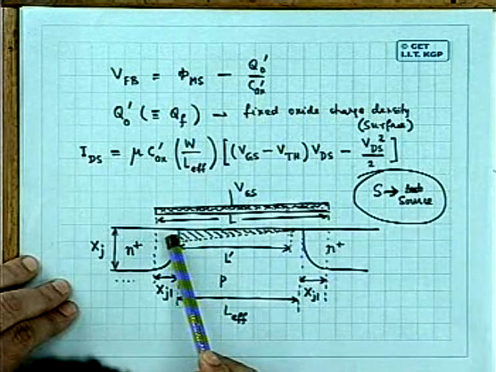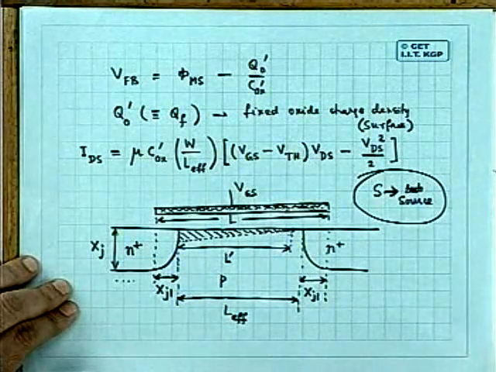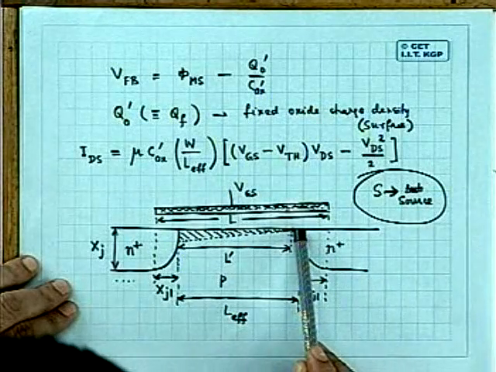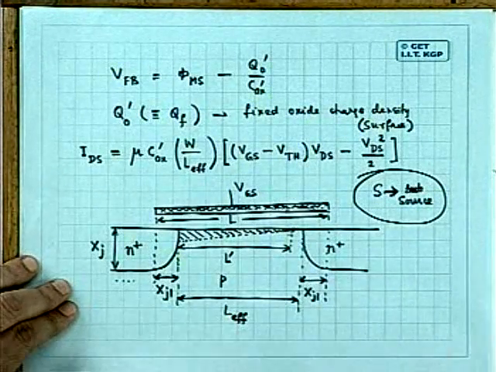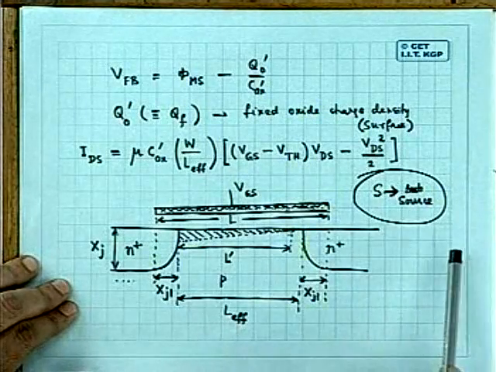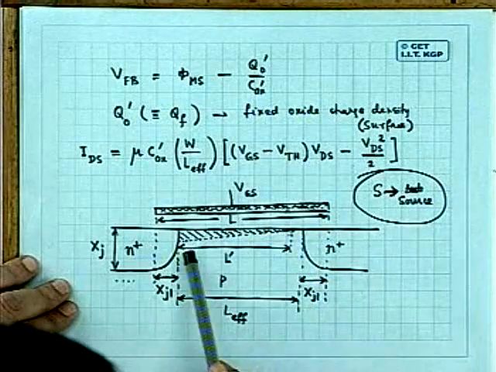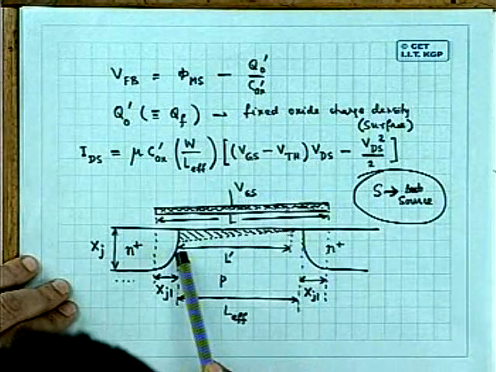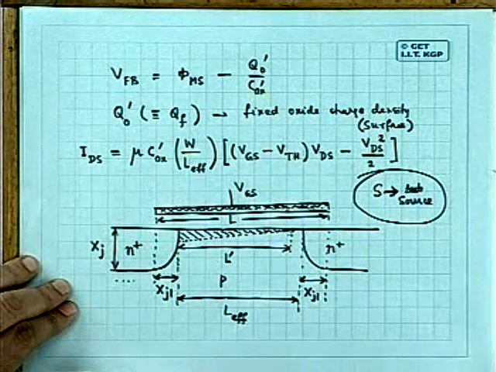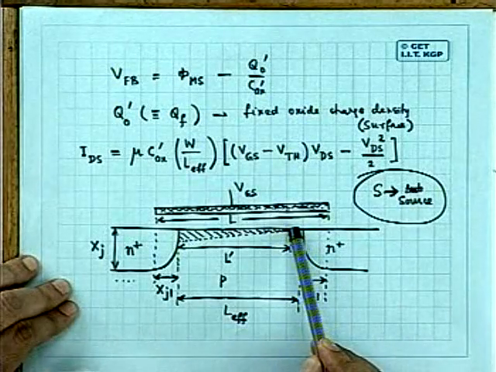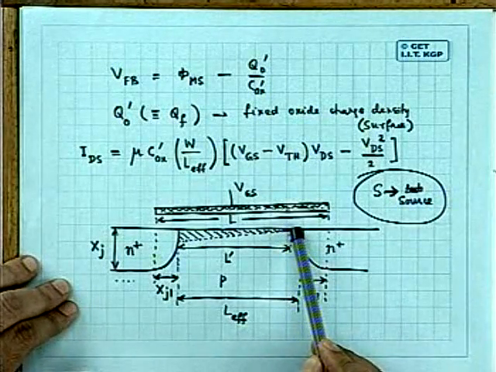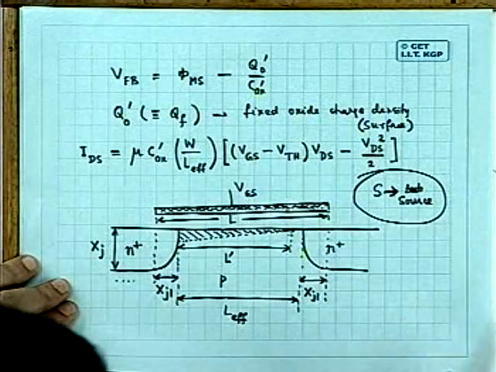And when the MOSFET is in conduction, you remember that a region near the drain is pinched off, and if L dash is the distance of the pinch off point from the source end, then at this point normally we assume that Qi is equal to 0 in the second model.